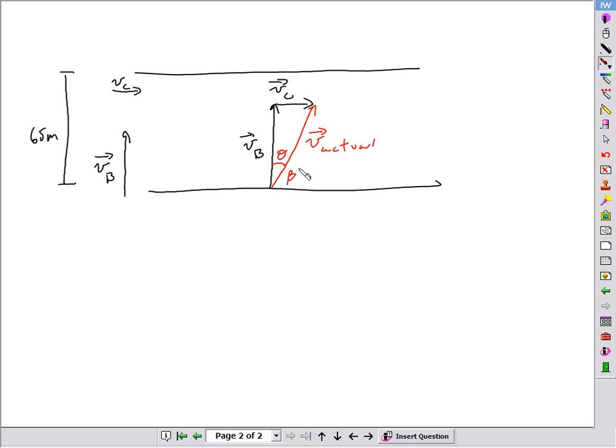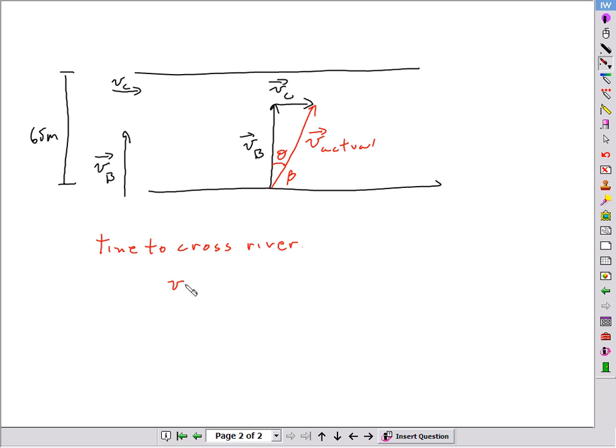Now, I can also calculate the time that it takes to get across the river. Time to cross river. The key here to remember is the distance across the river is straight across, and the velocity in the same direction is the velocity of the boat in still water.